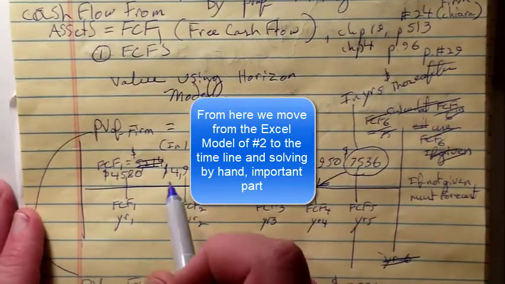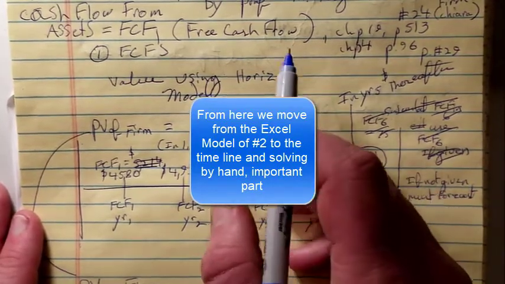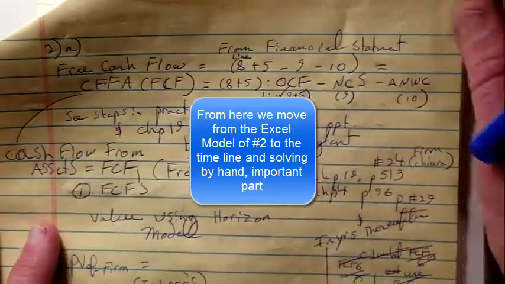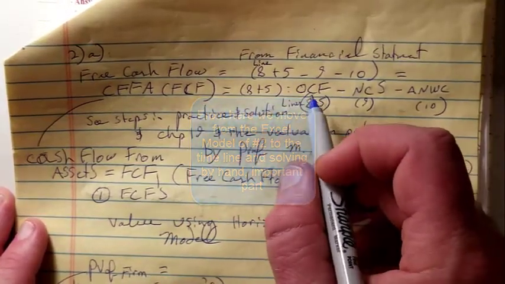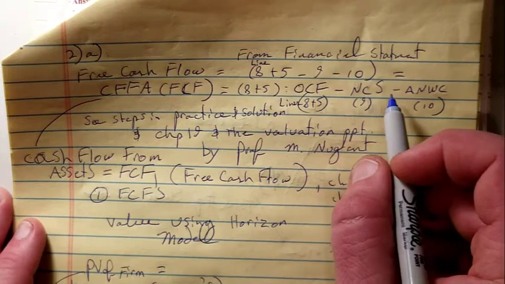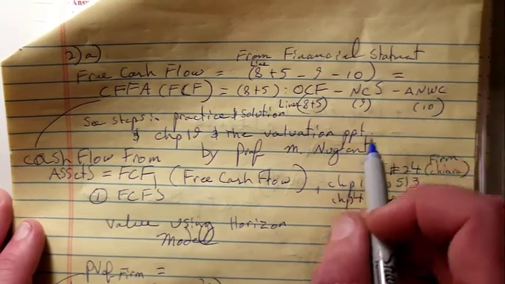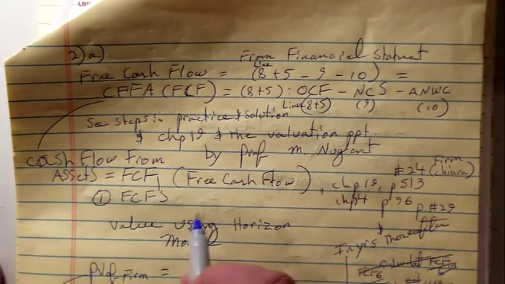So in order to get the value of the firm, since we've just finished following the line numbers here, how it's set up, taking the operating cash flow minus net capital spending minus change in net working capital, okay, that gives you your free cash flows.